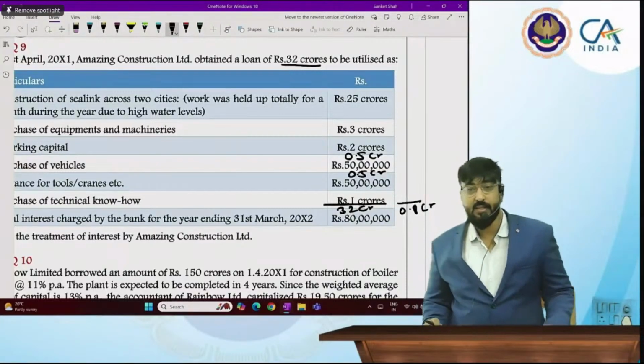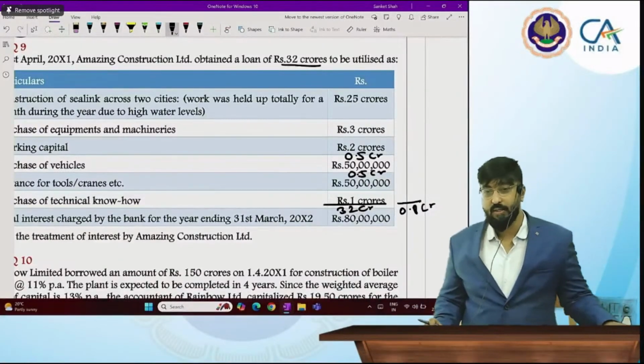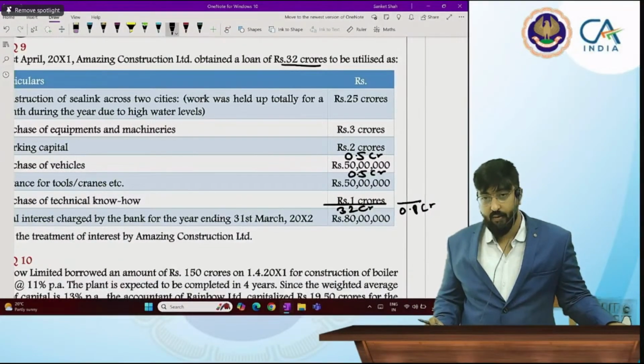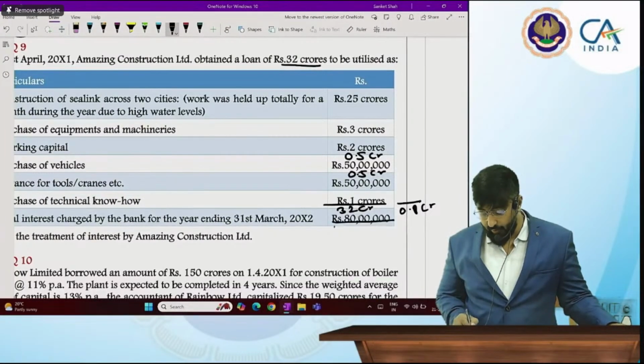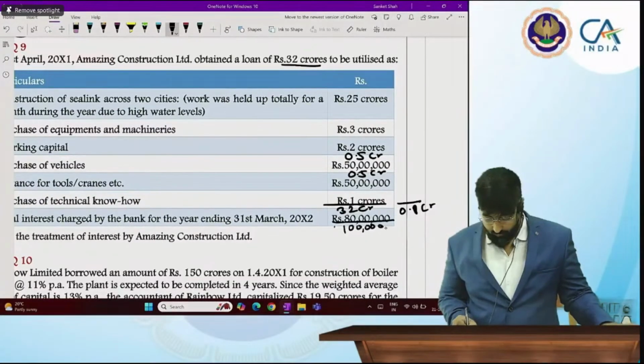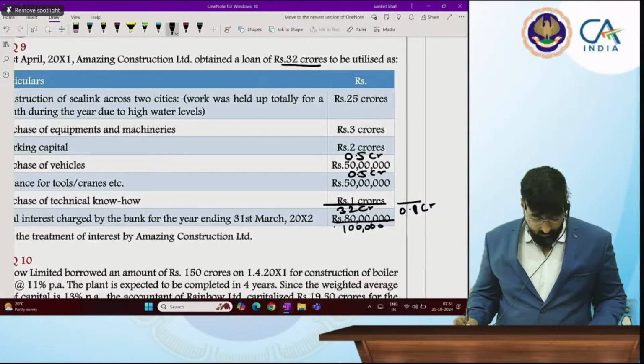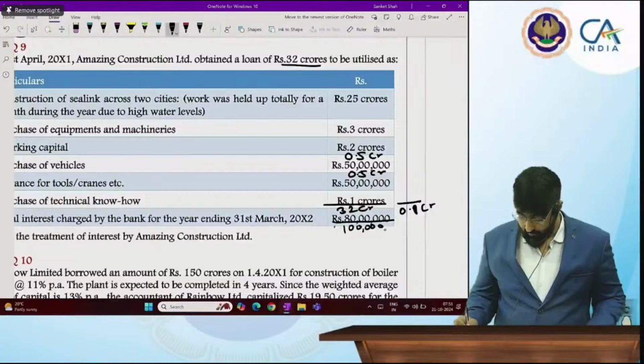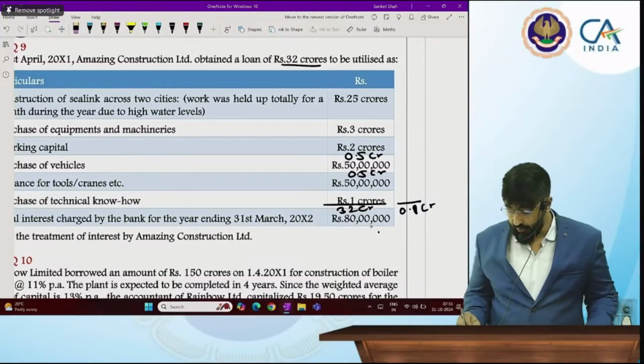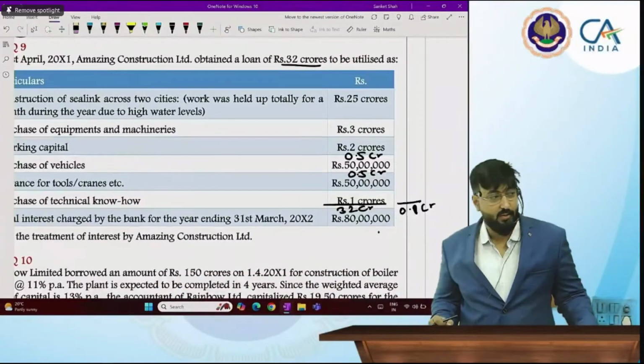80 lakhs means 0.8 crores, correct? Yes. If you do not know how to convert it, simply divide by 1 crore. Bol. Okay. And then you will get 0.8 crores.